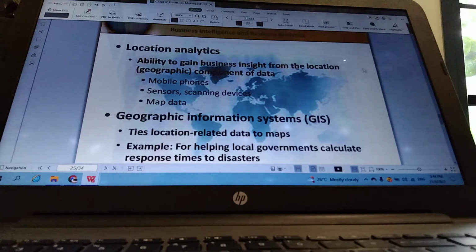So the location is a very critical data which is identified by your smartphone for many purposes.